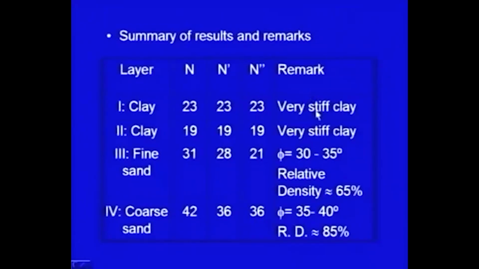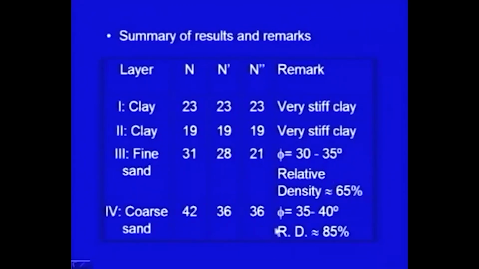Now the remarks. This is very stiff clay as per the values available, and the phi value here varies from 30 to 35. One can interpolate it for the value of 21, and the relative density of this particular soil is on the order of 65%.